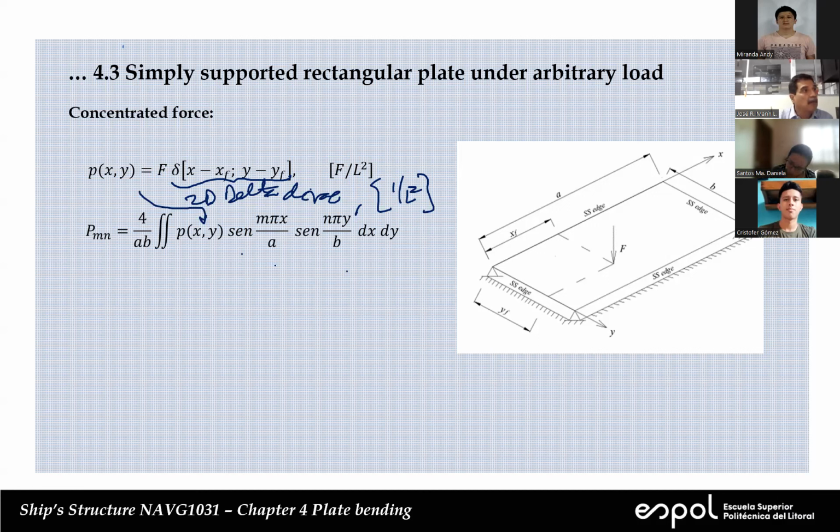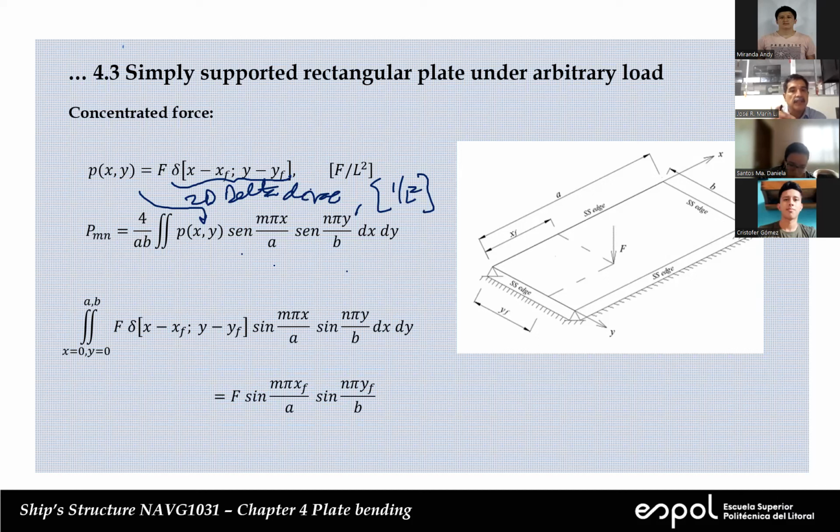You recall from your math course that that's something that we also did in the chapter 3. The result is going to be the evaluation of sine x and y in the position where you have this force applied. Okay, so this is the integral, and the result is this, right?